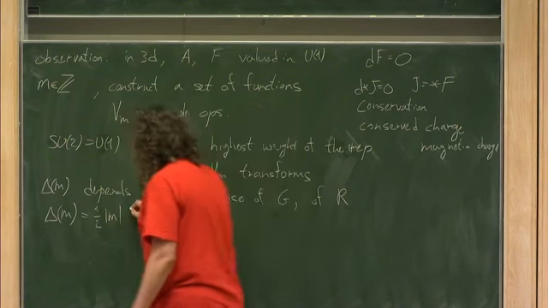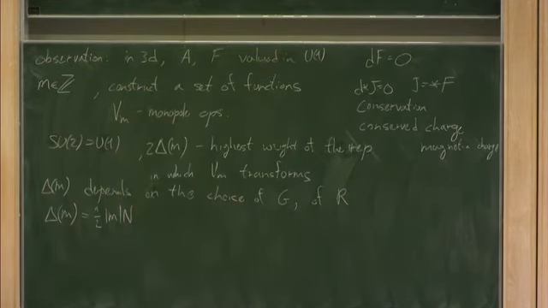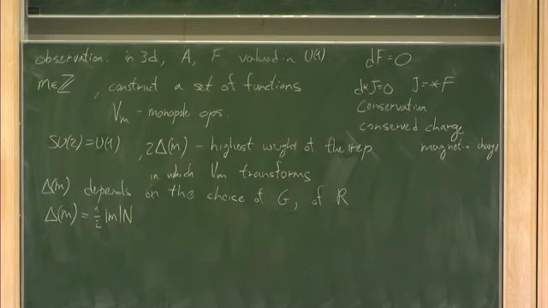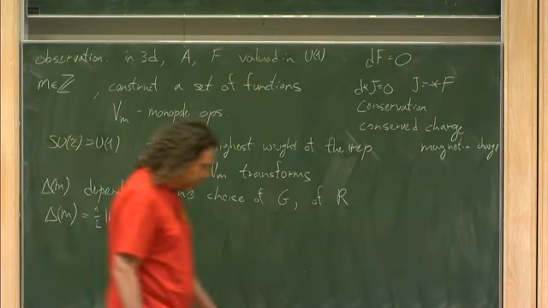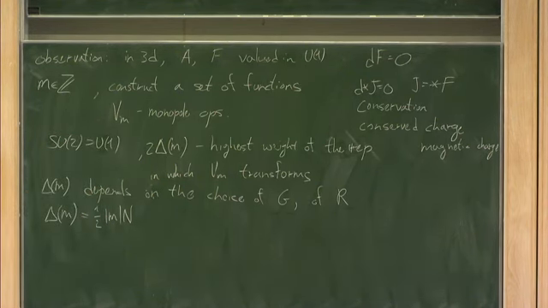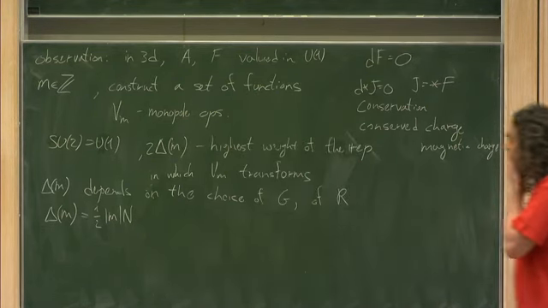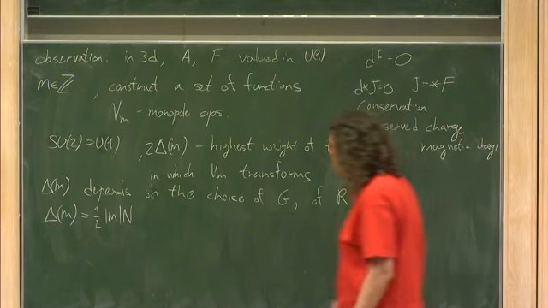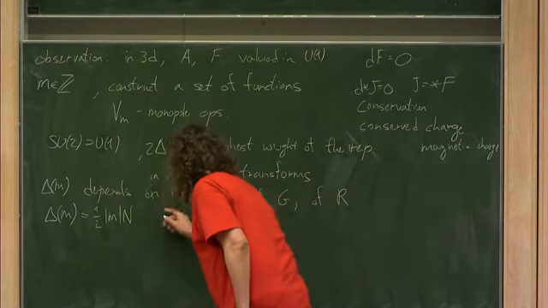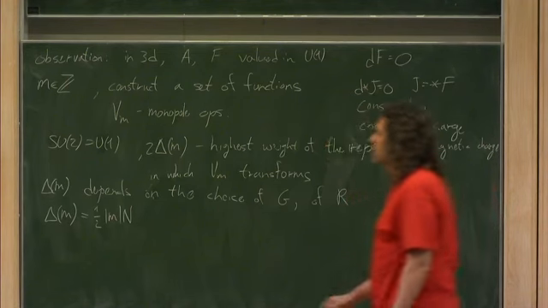And it's also going to be proportional to the number of copies of charge 1 matter fields. Okay, so there's this delta. And now I'm going to look at these functions, V_m. And so delta of m for V is going to be this number.